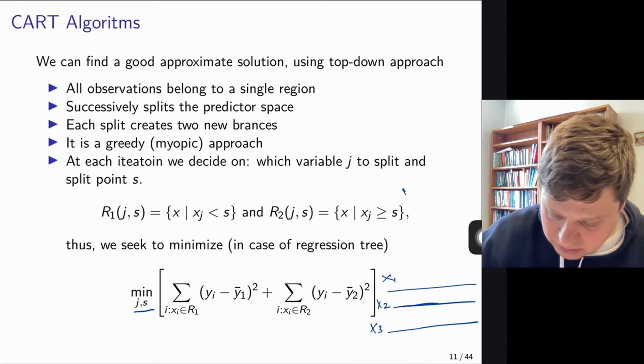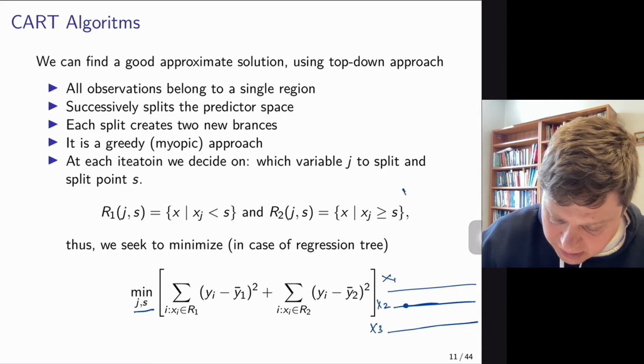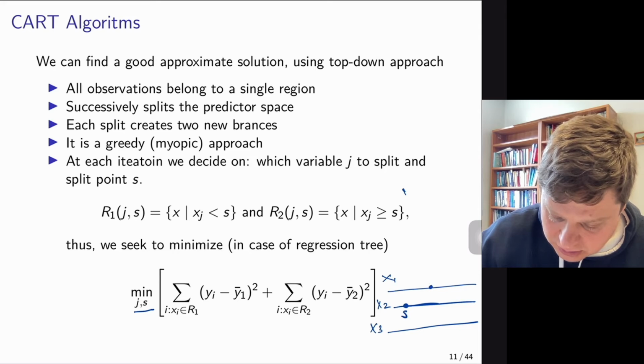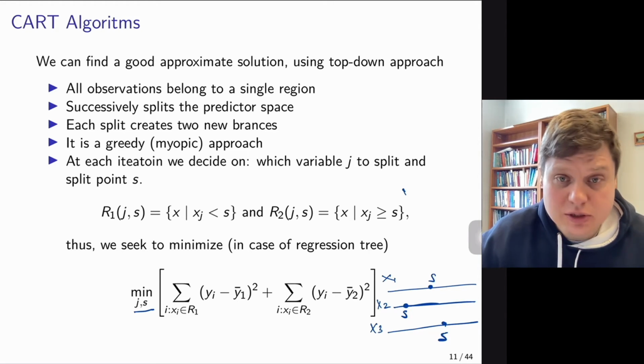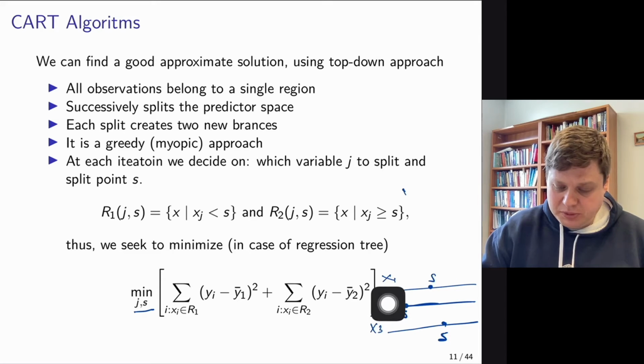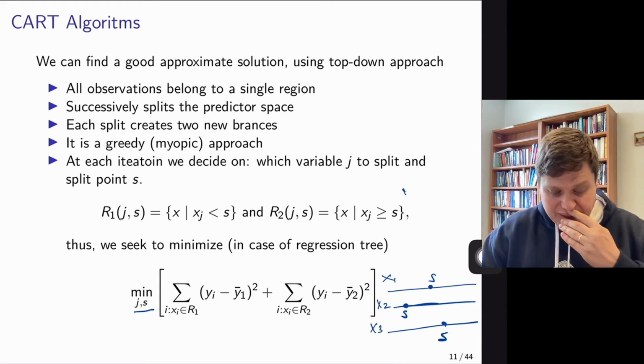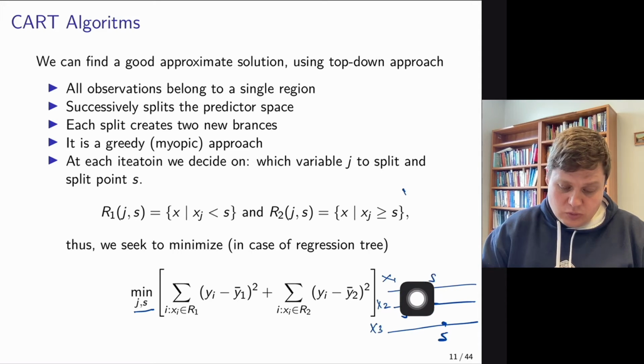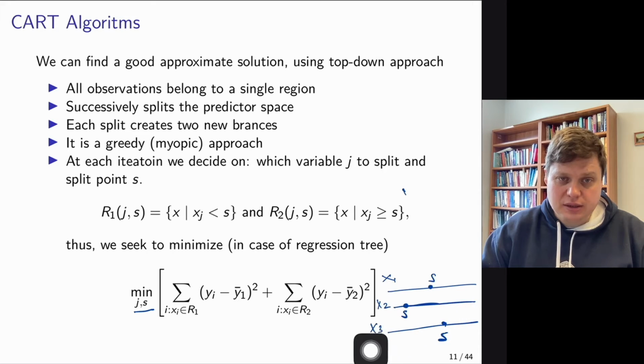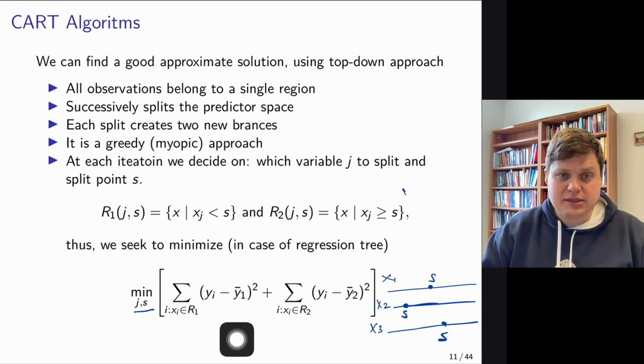Let's say you decide to split on x2, and then you define at which location. You can split x2 here, x1 here, x3 here. That's basically your search space: which variable to split, and where on this line this variable needs to be split.